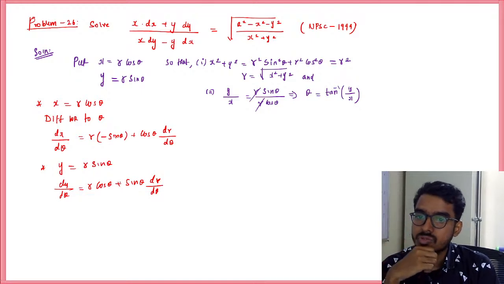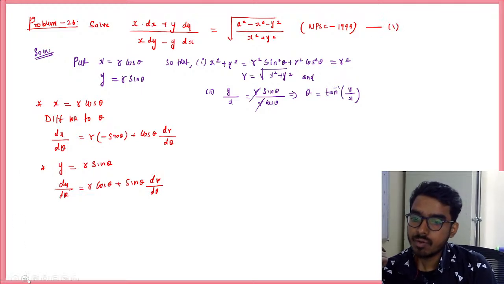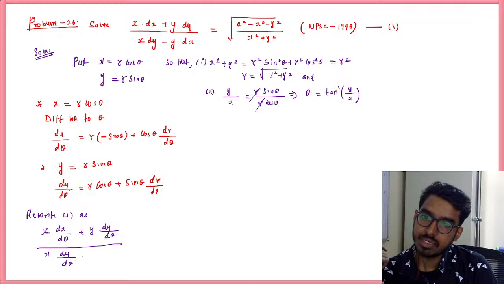Okay. So you can see, let us call this 1. I'm going to rewrite 1 as x into dx by d theta plus y into dy by d theta, divided by x into dy by d theta minus y into dx by d theta, right? Just dividing by d theta.